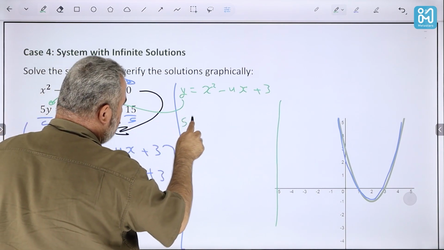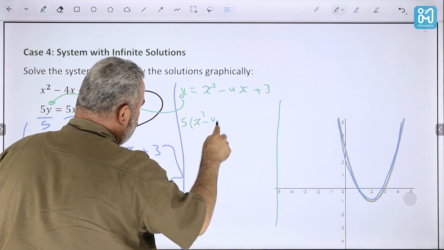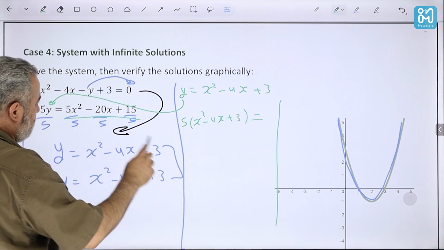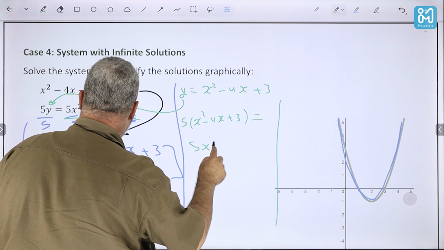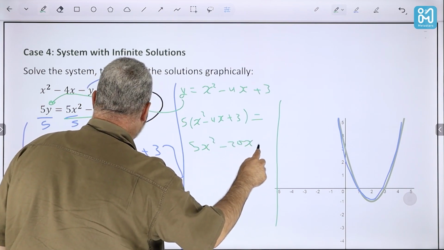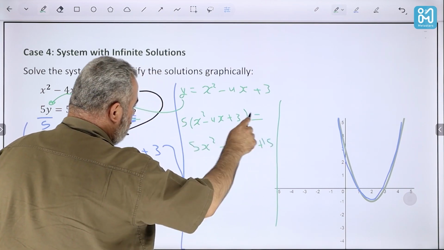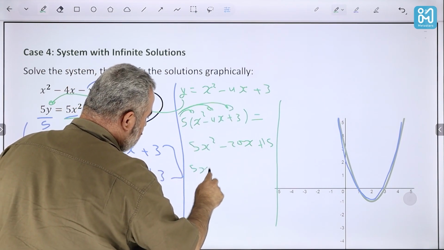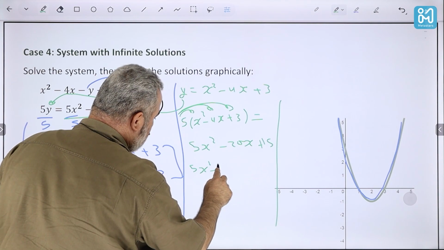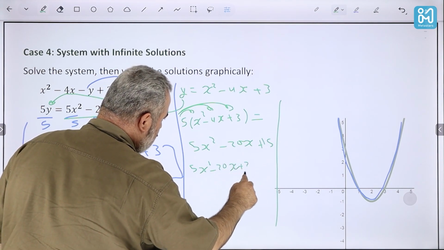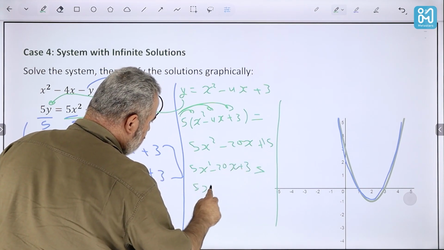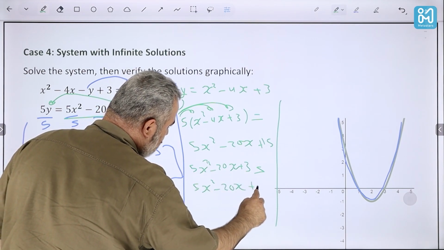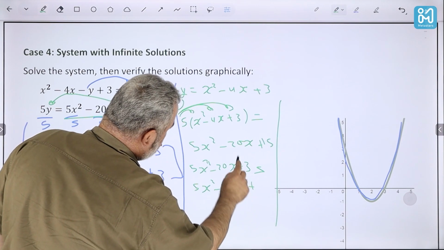It will be 5 times x squared minus 4x plus 3 will equal this part, 5x squared minus 20x plus 15. Now when we simplify, expand it, it will be 5x squared minus 20x plus 15 equals 5x squared minus 20x plus 15.